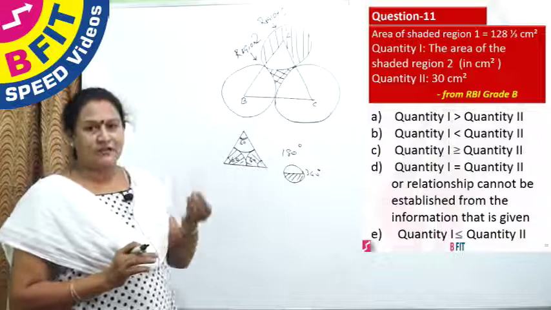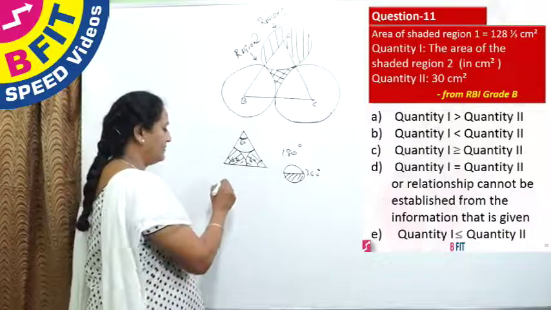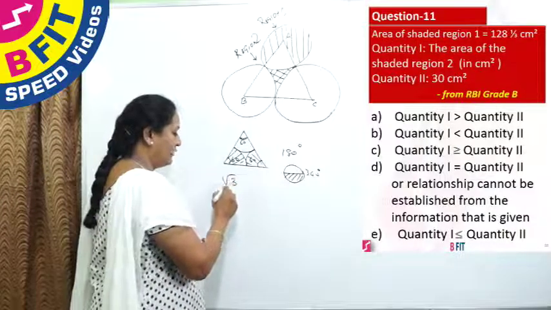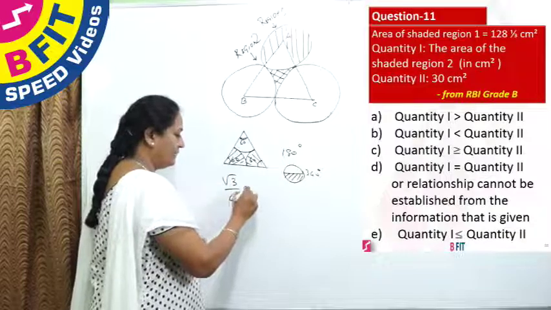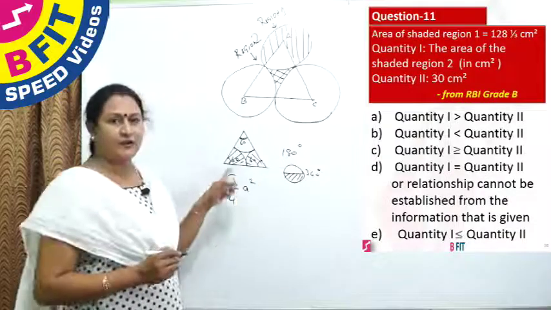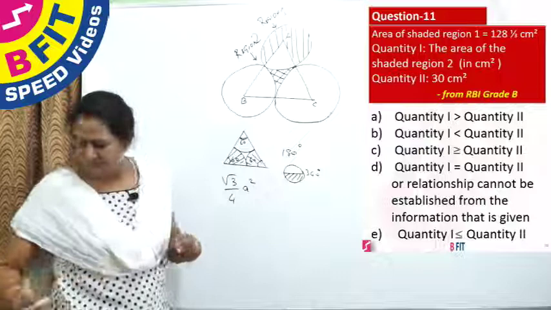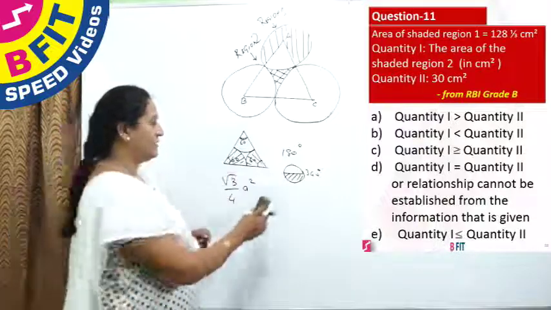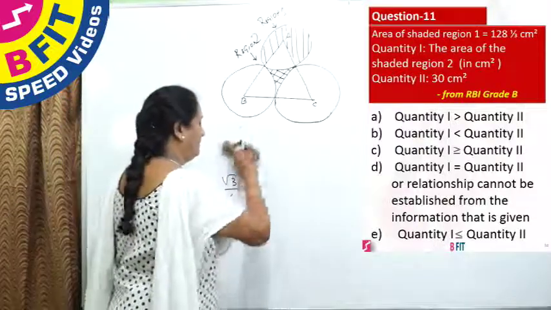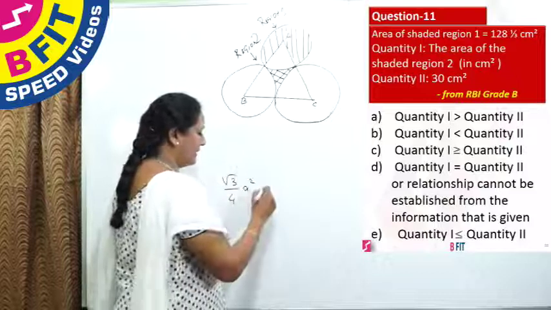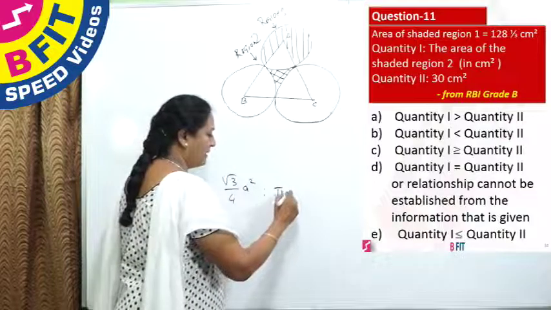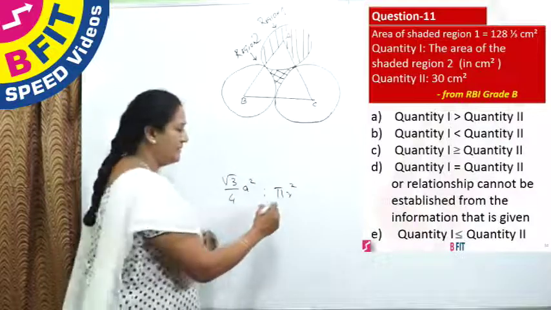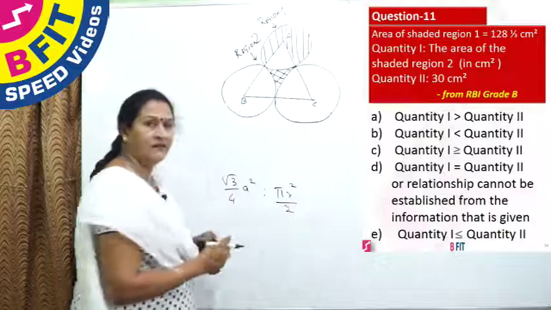What is the area of the equilateral triangle? It is root 3 by 4 A square, where A is the side of the equilateral triangle. For a circle the area is pi r square, and for a semicircle it is half of that.